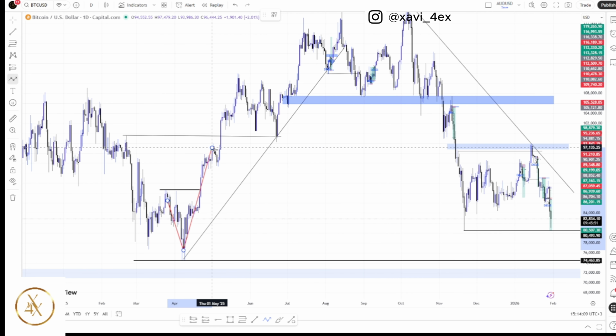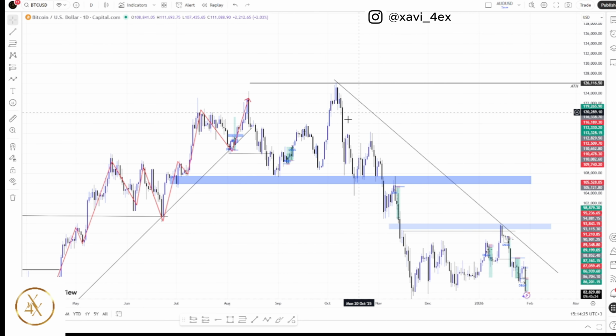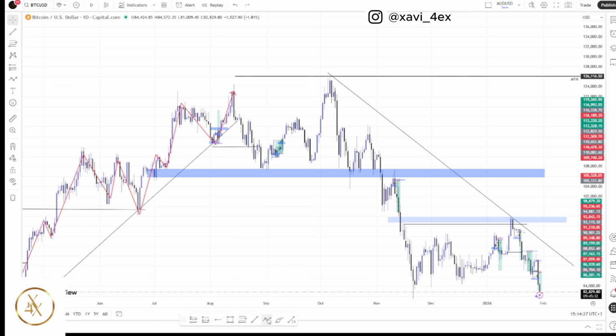We had a high, a low, a high, a low, a high. And for some reason, we refused to create a lower high to push the market for a continuation.